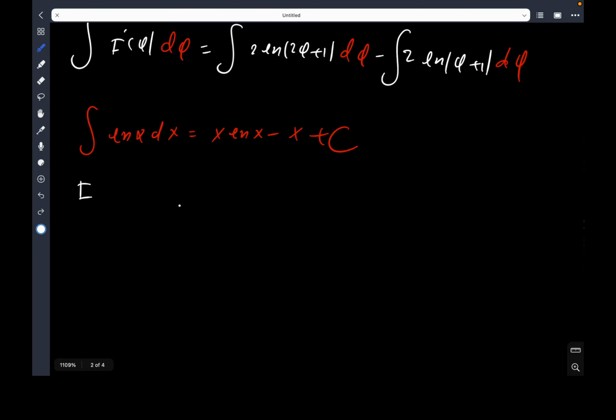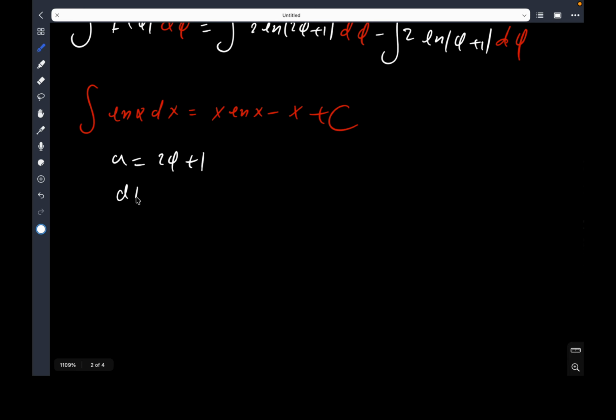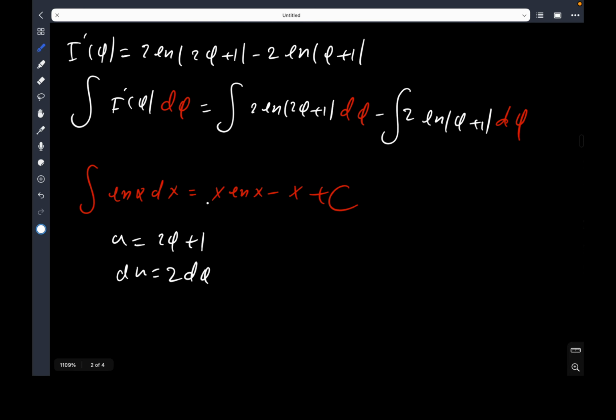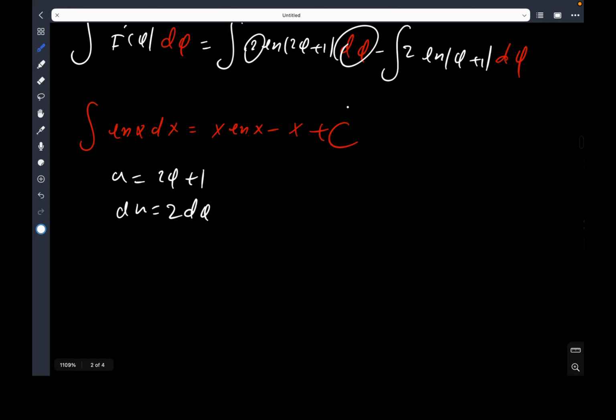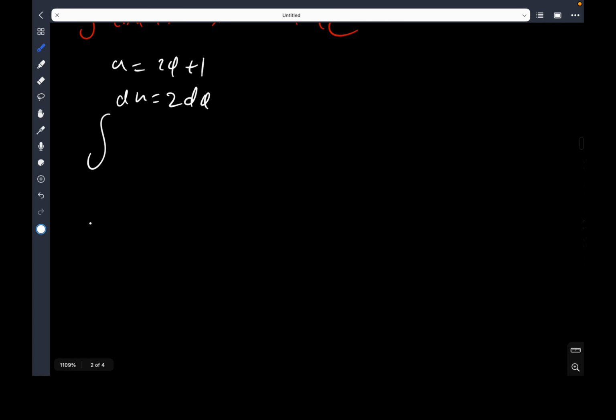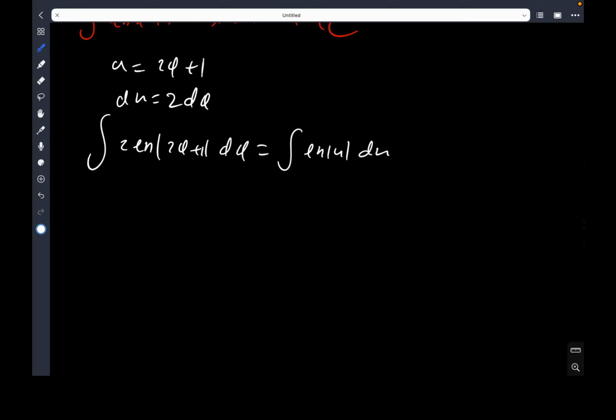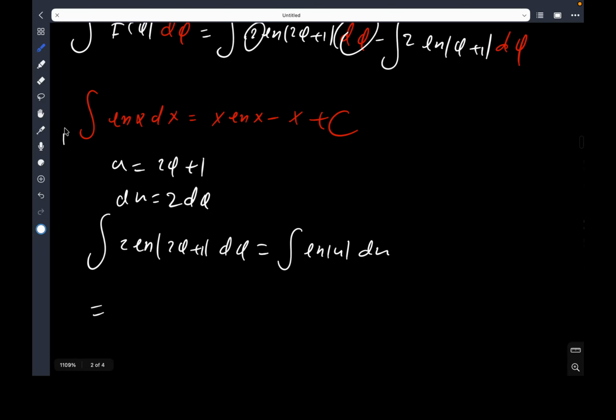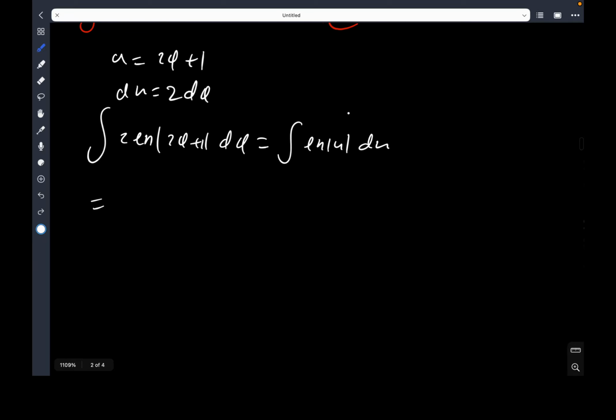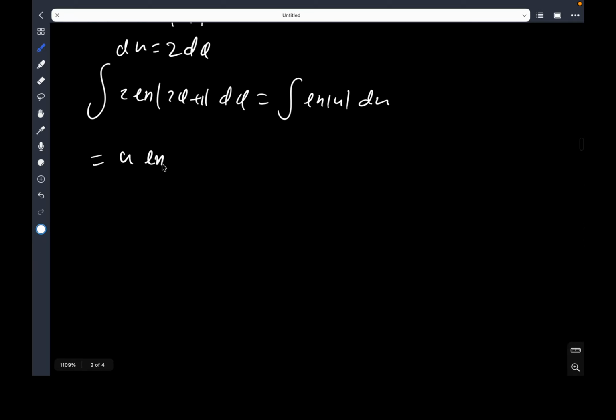Now I'm going to let u be equal to 2 phi plus 1, and du is 2 d phi, and this is my 2 d phi. Thus, this term 2 ln of 2 phi plus 1 d phi is ln u du. And according to the term that is stated here, I'm going to get u ln u minus u.